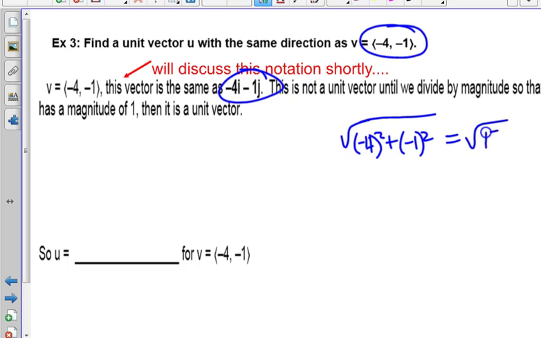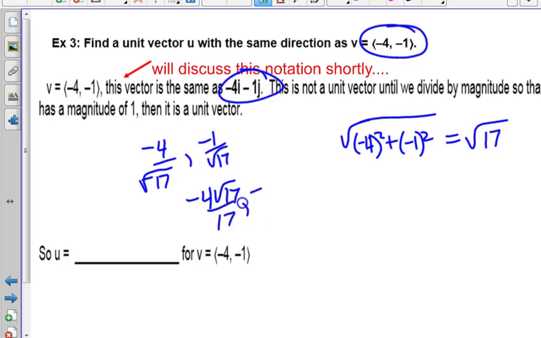Square root of 17. So we could go -4 over square root of 17, or -4 square root of 17 over 17. And the j would be -1 over square root of 17, or negative square root of 17 over 17. So this is the unit vector, okay, that goes in this blank.